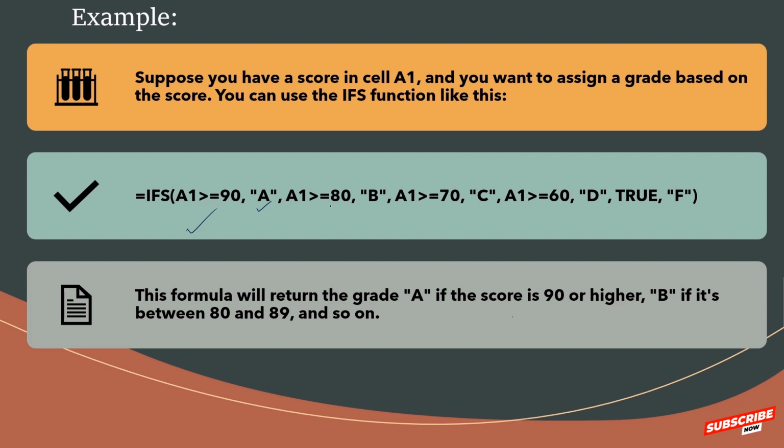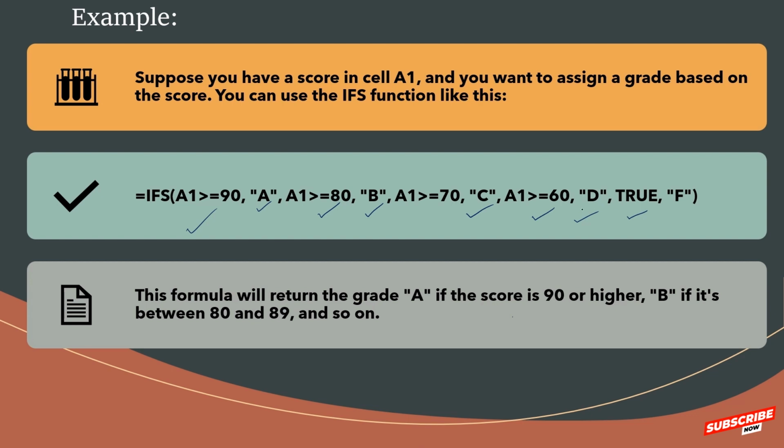Only when this condition is not satisfied, it will move to the next condition. A1 greater than or equal to 80, then B will be printed. If A1 is greater than or equal to 70, C will be printed. If it is greater than or equal to 60, D will be printed, right? Only when the condition is true, these values will be printed.